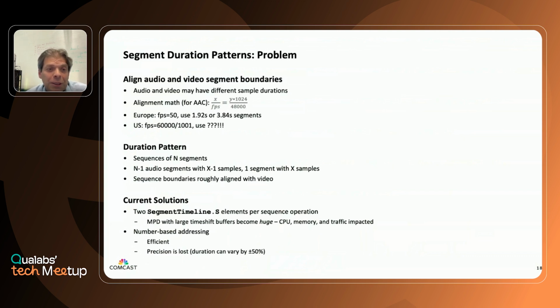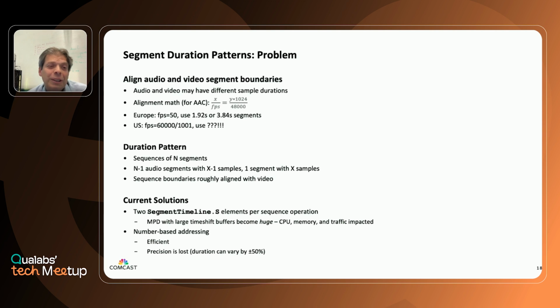Unfortunately, this is very easy for Europe. So we have 1.92 seconds or 3.84 seconds, where the sample durations for audio, for AAC and AC3, match the ones for 50 FPS video.